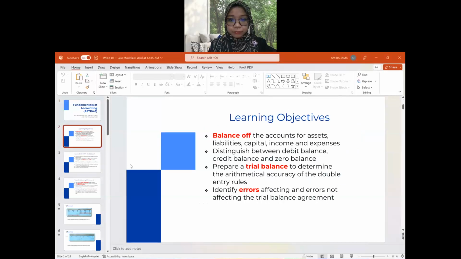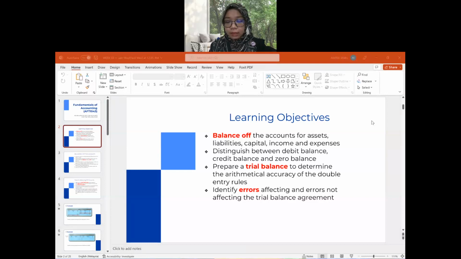So, the objective of today is we want to learn to balance off our accounts, because last week we learned how to transfer from journal entry to ledgers or T accounts. Today, we learn how to close the account, to balance off the T account for asset, liability, capital, income, expenses, and then we distinguish between the debit balance and credit balance, or zero balance, no balance at all.